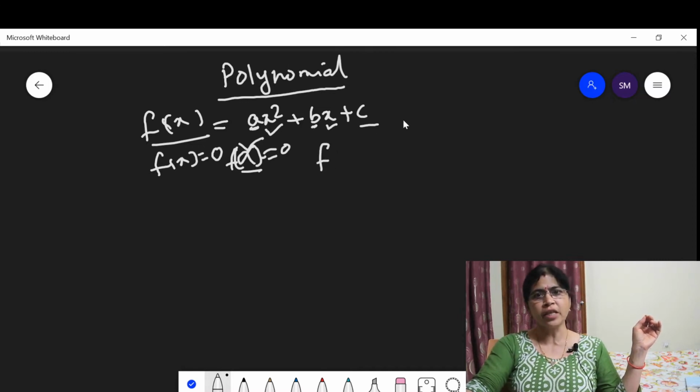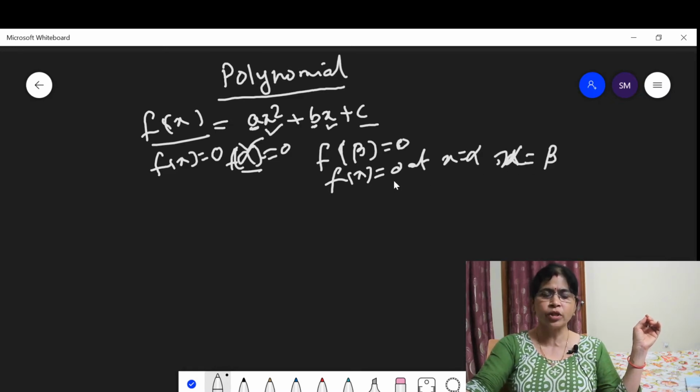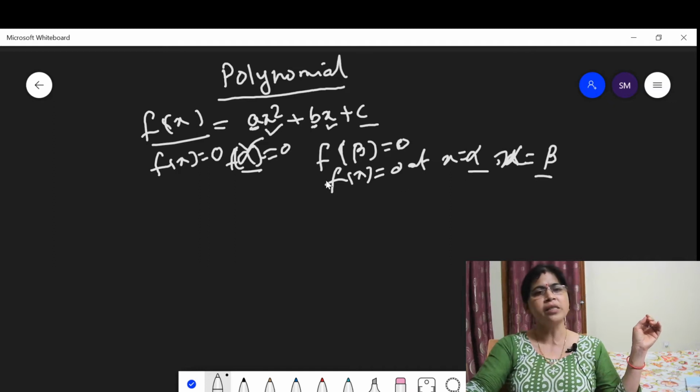If I say beta is also a zero, this means f of beta is equal to 0, which implies that f(x) is equal to 0 at x equal to alpha and x equal to beta. This shows that alpha and beta are the zeros of the given polynomial.